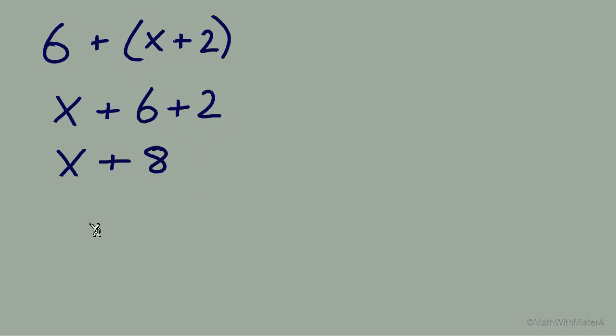If you were thinking of writing this as 8 plus x, that would still be accurate, because addition can be accomplished in any order and still get to the same result. But usually, we write the variables first and numbers by themselves, or constants, at the end. So these two are equivalent, but this is what you would probably see most often as the answer. x plus 8, with the variable put first, the constant at the end.